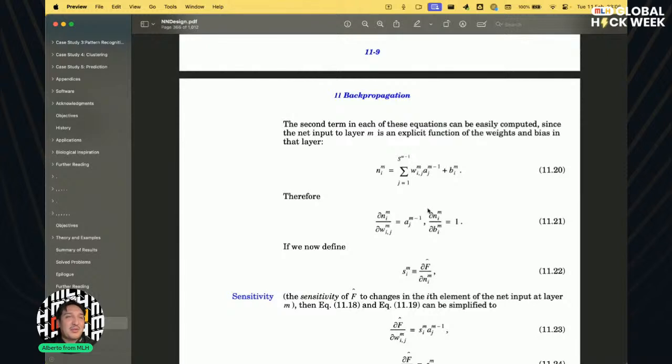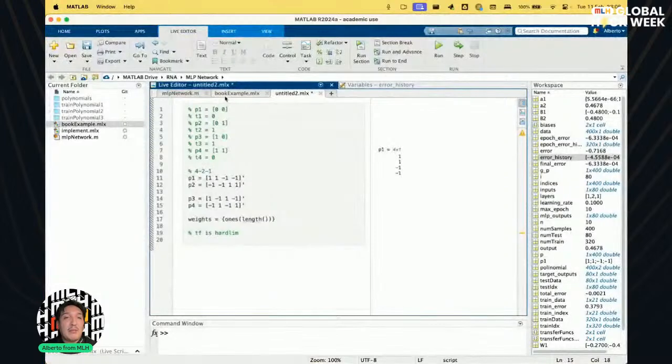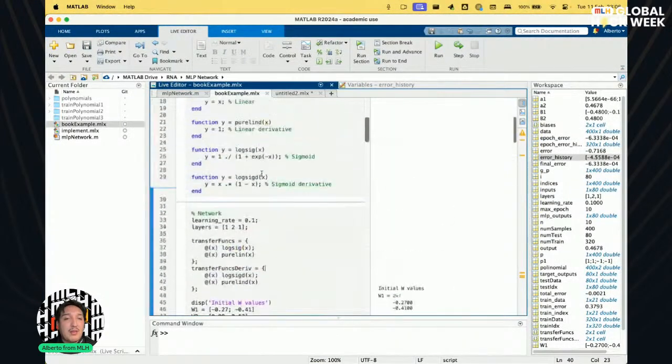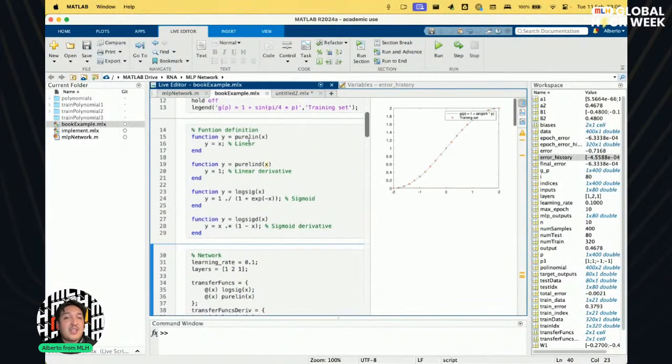It's actually easier if you do it in code, because you just have a limited set of transfer functions, and you can look for the derivatives of these transfer functions in tables. So I will show you, for example, a piece of code that I have here, in which I say, for example, purely it's just y equals x. If I apply a derivative to this, it will be just one, right?